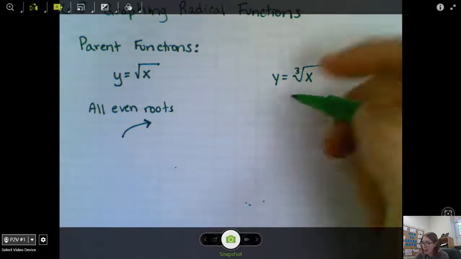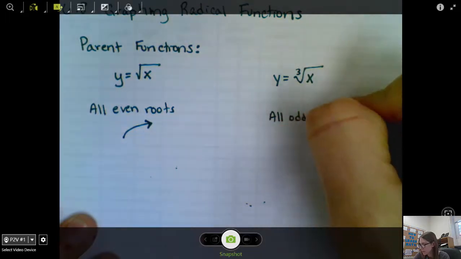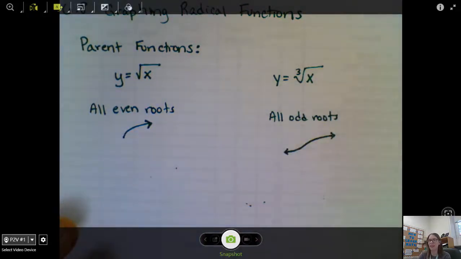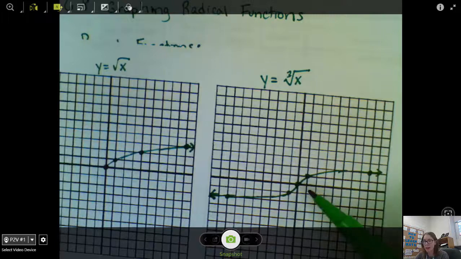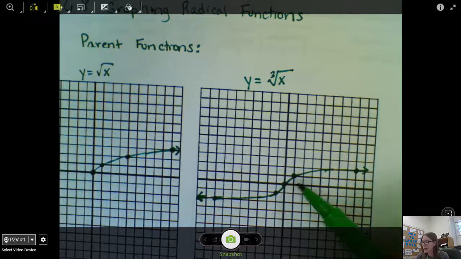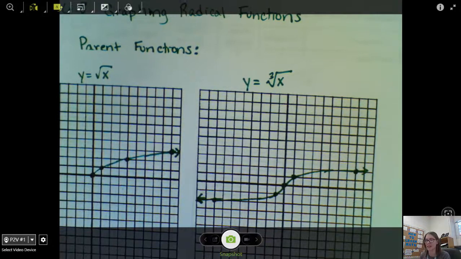All of our odd roots will have that squiggle, the S shape. And again, we'll have different x and y values depending on what the root is, but they're all the same shape.